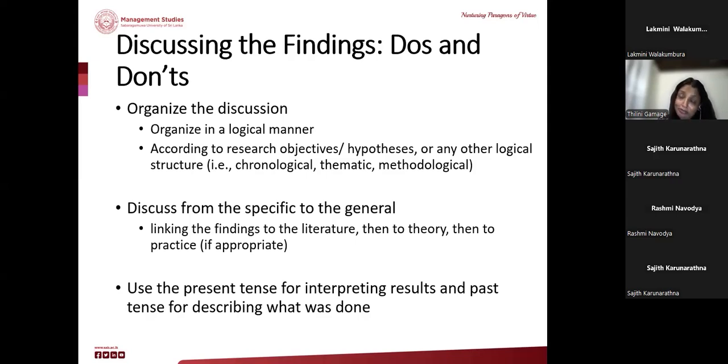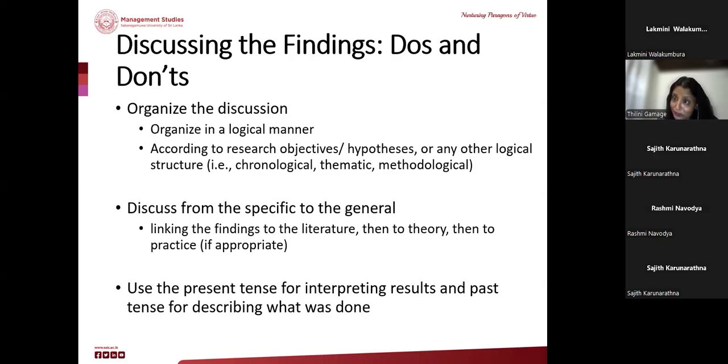Then in the discussion, they can see the same logical structure follows, and you have interpreted and critically evaluated the findings against your research objectives and hypotheses. That makes sense, and most researchers follow this structure.